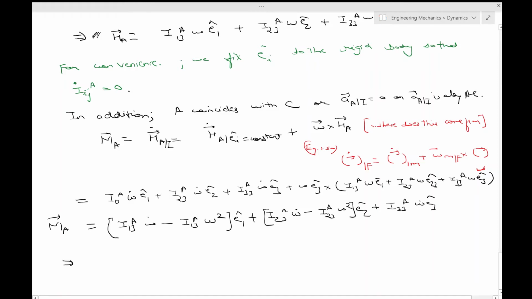So the first component of MA, which is MA1, would be equal to I13A omega dot minus I13A omega square.